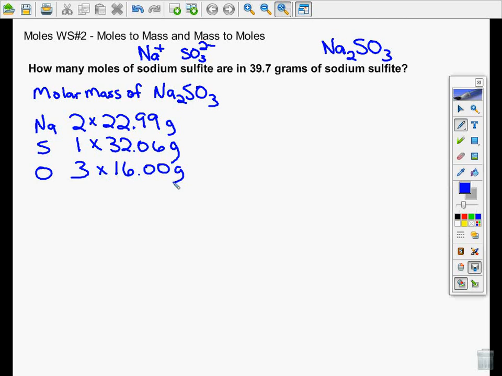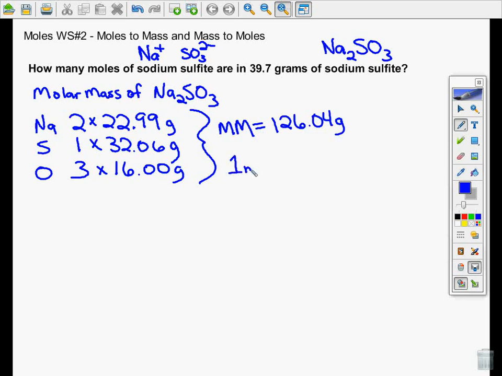So I'm going to go ahead and multiply these out and then add them together, and by adding these all together, the molar mass, I'm just going to put that as mm, is equal to 126.04 grams. So what do I really have here?